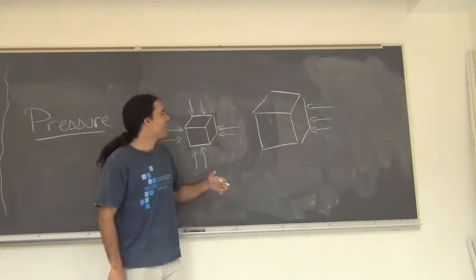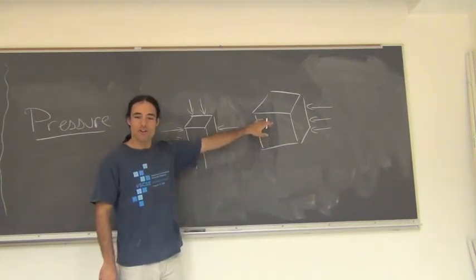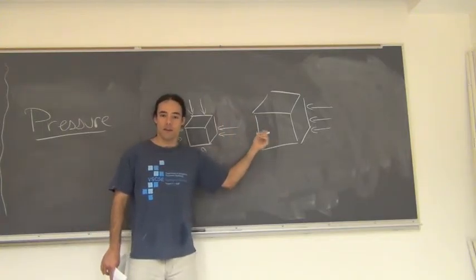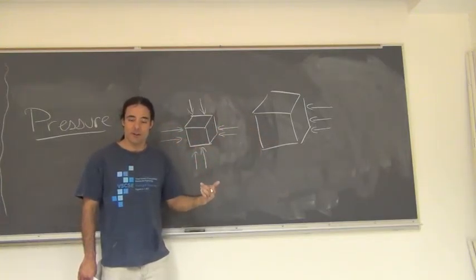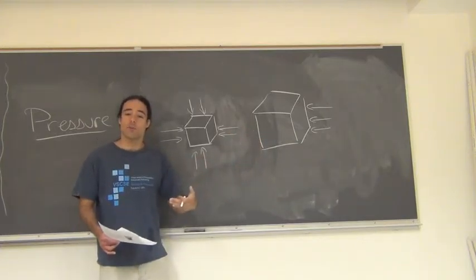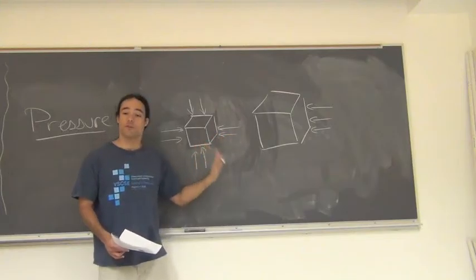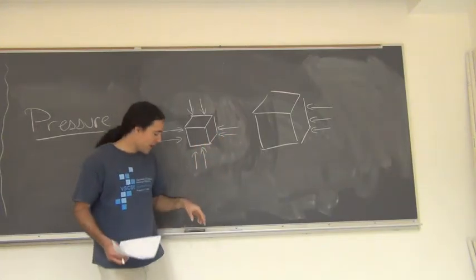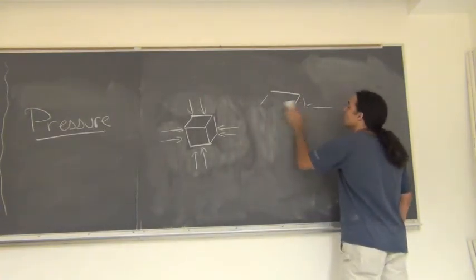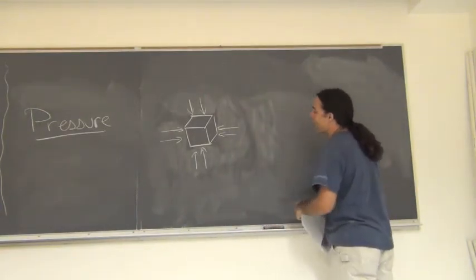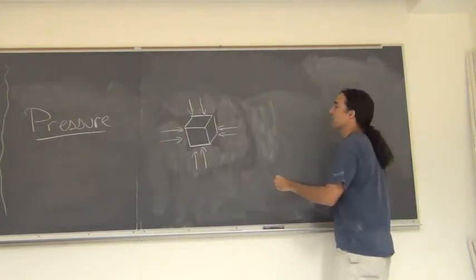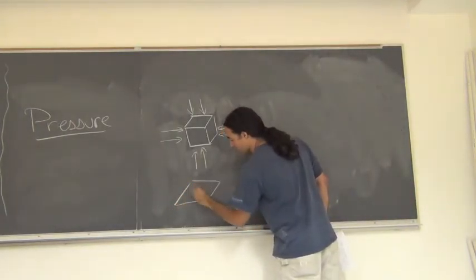Well, that makes force a little bit of a difficult quantity to work with, right? We don't want something that is going to give me a different physical quantity every time I just change the size of the object. We'd like something that would work for objects of all sizes. And that's why people came up with this idea of pressure. So rather than worrying about the force on the object, which can change as I get a bigger object, I'll draw my bigger cube over here.